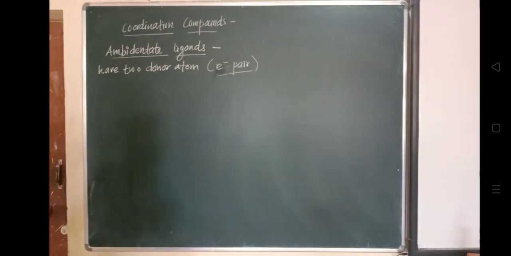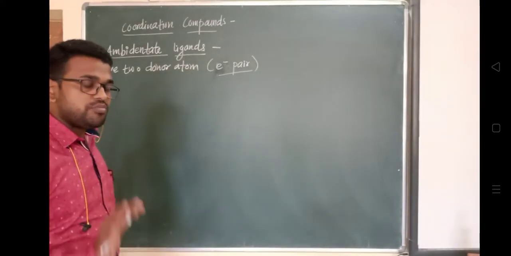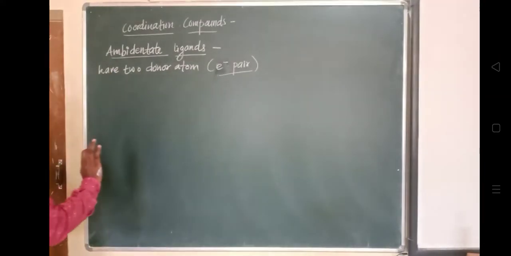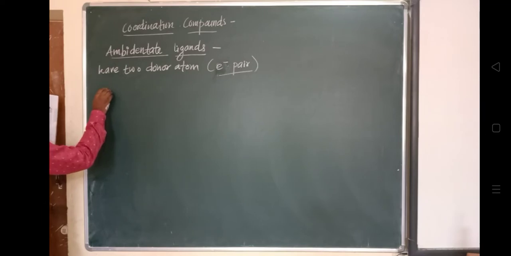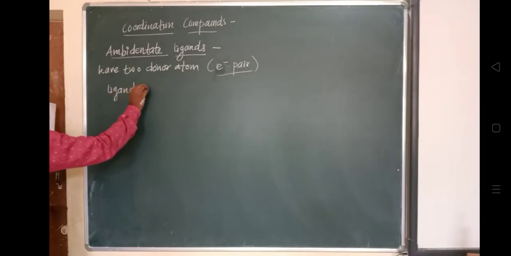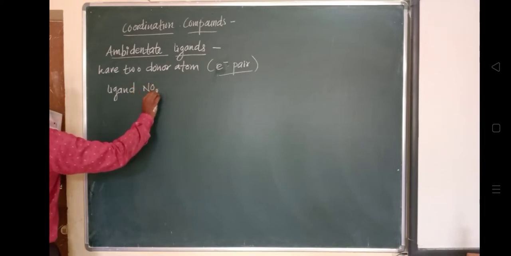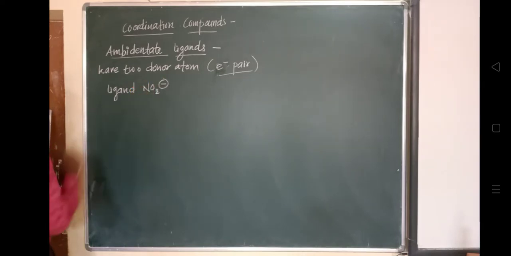But the way they donate their electron pair is in a particular way, so we'll see it with the help of an example. The ligand NO2 minus is one such ligand. What is the meaning of ligand?